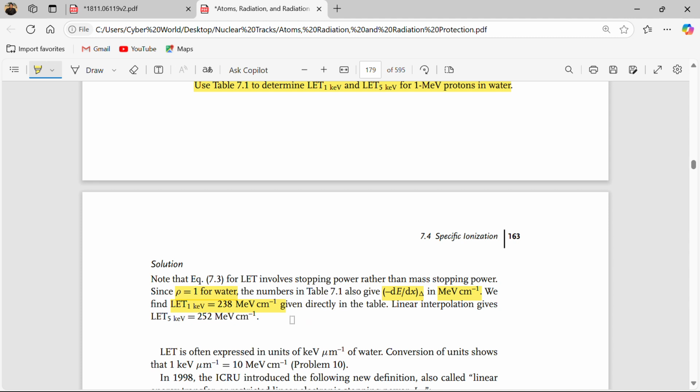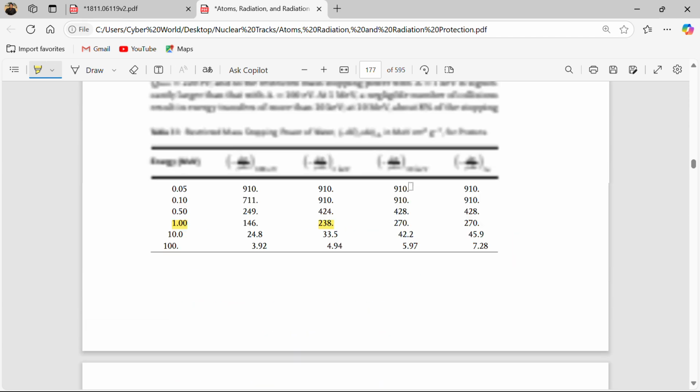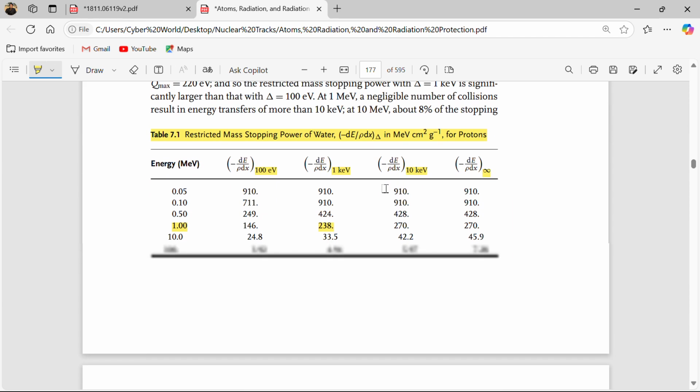It is given directly in the table, and because they are also asking to find LET for 5 keV energy for proton in water, let's check the table. This is our table.